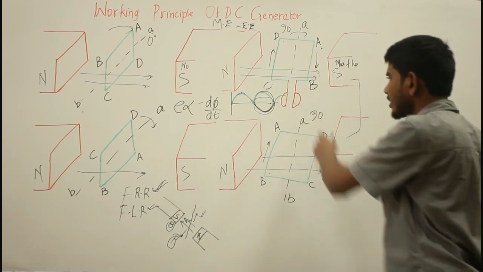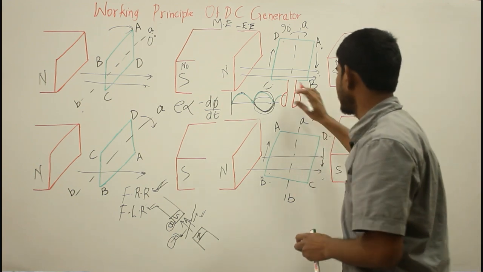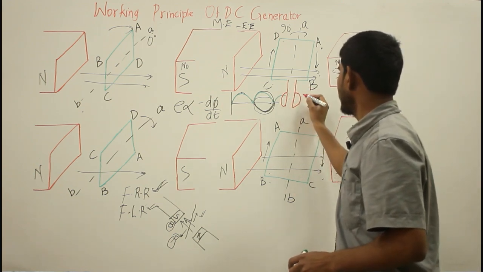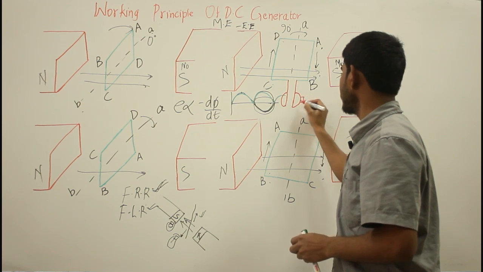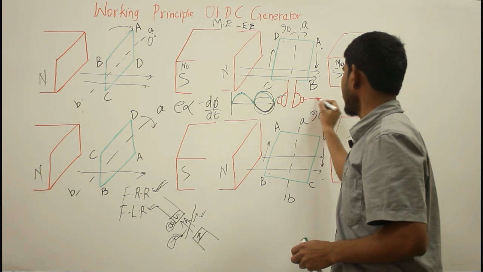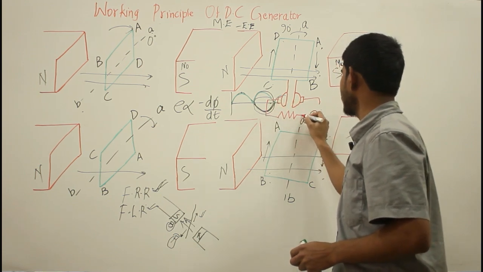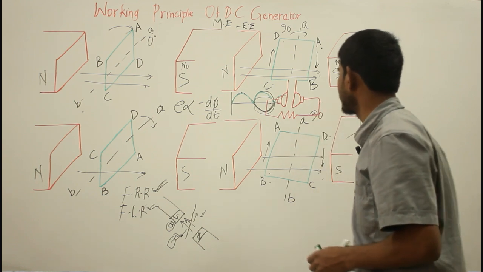They are also known as split rings because they are split into two halves or two segments, insulated from each other. And I am placing two stationary brushes on these commutator segments, and connecting them to a load circuit, that is a resistive circuit.